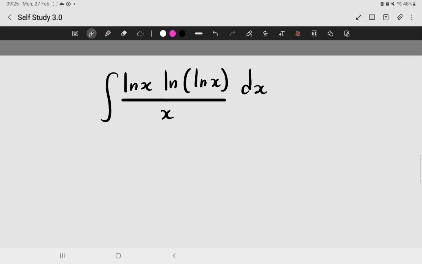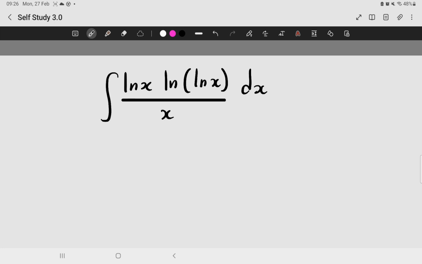Okay. So the first step is to determine which term you want to let as u for your substitution. So here I see that ln of x will be a very suitable substitution. It's because when you differentiate ln of x, the first derivative you will obtain is 1 over x, which is suitable for this integral.